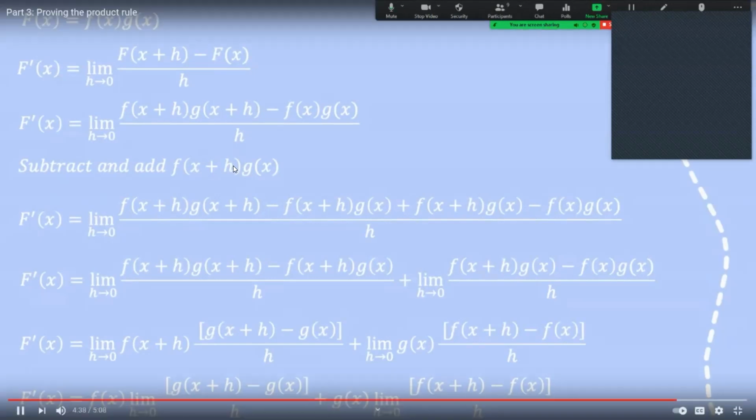Implicitly here, we're using the continuity of f. We're using limit laws. I'm going to take the limit of this separately from the limit of this. The limit as h goes to 0 of just this f(x+h) piece is equal to f(x) because f is continuous.